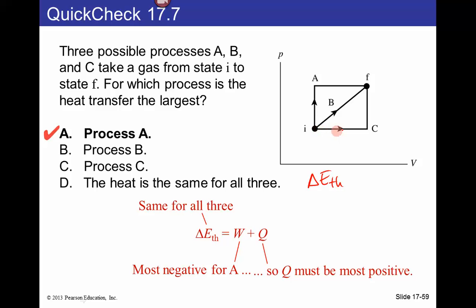So this has the smallest work, so this loses the smallest amount of energy through work, and process A has the largest work. So process A is losing the most energy through work. Therefore, A is the most negative, so Q has to be the most positive so that you get the same delta E for the three processes.